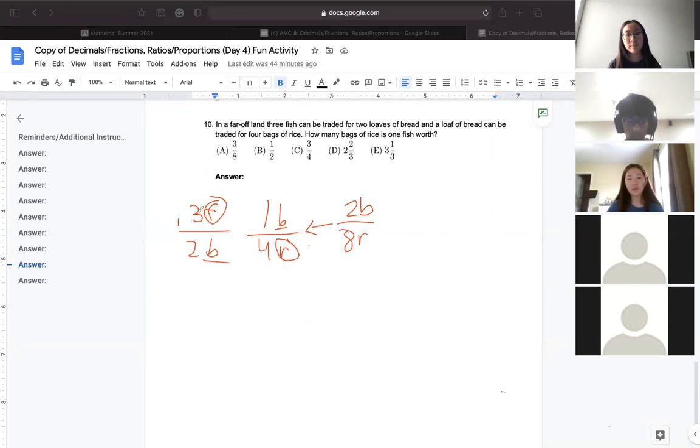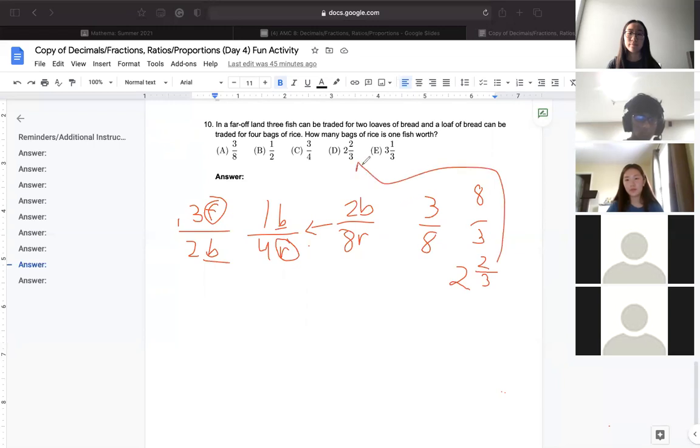So that means that 3 fish is equal to 8 bags of rice. So 3 to 8, and it's asking how many bags of rice is 1 fish worth. So if we just divide 8 by 3 to find only 1 fish, and then our answers are in mixed number form, so that'd be 2 and 2/3. So our answer would be D. And that is our last question.